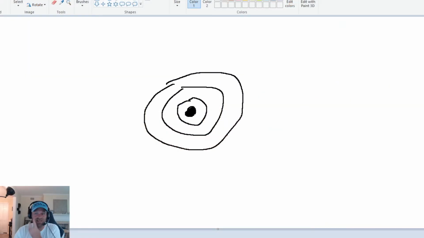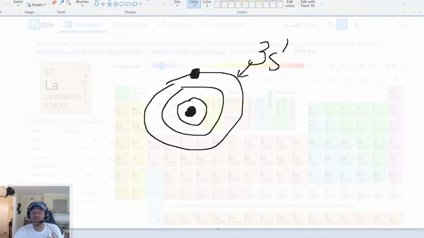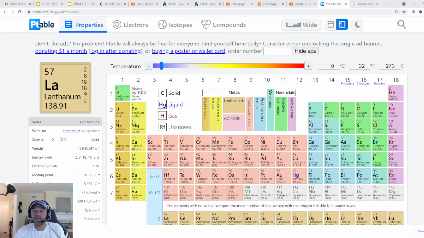So that means this last shell, this 3s shell, let's say this shell is a 3s1. That last shell only has one valence electron. One electron on the outermost shell will be one valence electron. So that's how come you can look at the periodic table and just say, what group is it in? That's how many valence electrons I have.